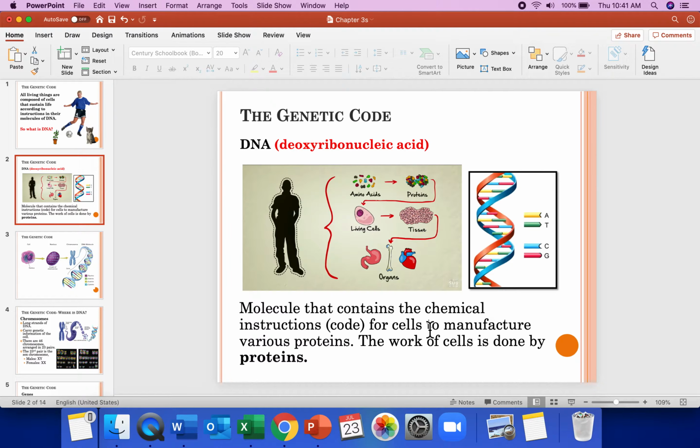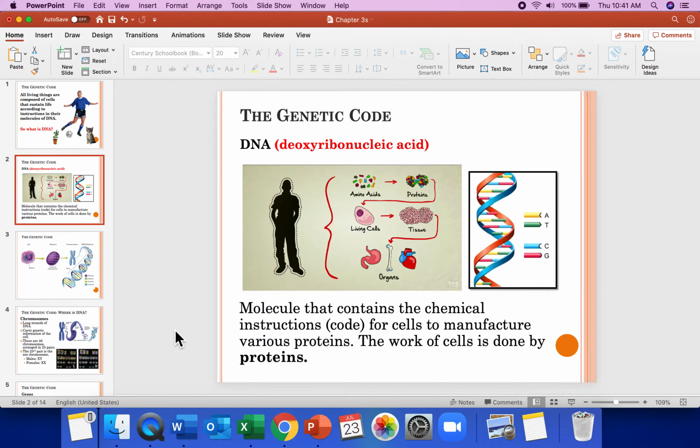The job of DNA is basically to instruct amino acids on how to line up in order to produce proteins, and proteins will go on to pretty much carry the functions of the cell, whether it is to produce another cell or to transport chemicals or to collect into other cells and become a tissue of a particular organ and so forth.